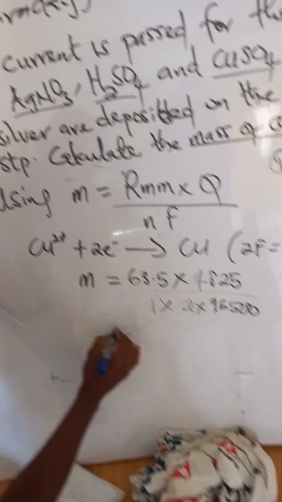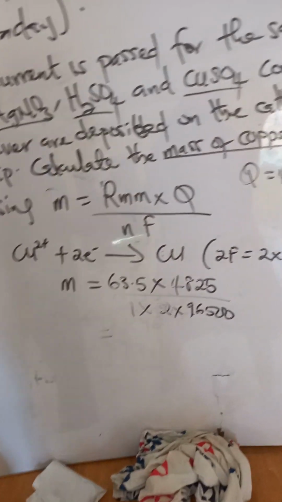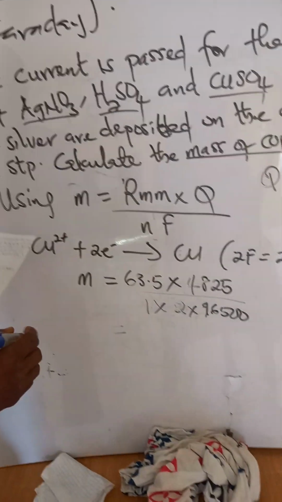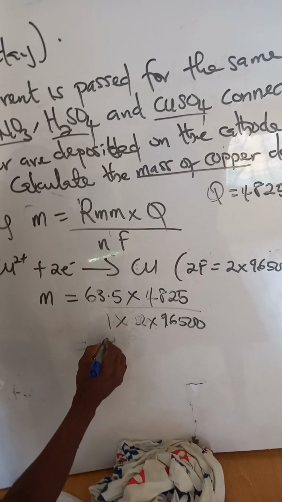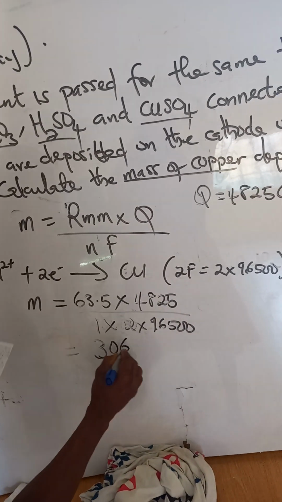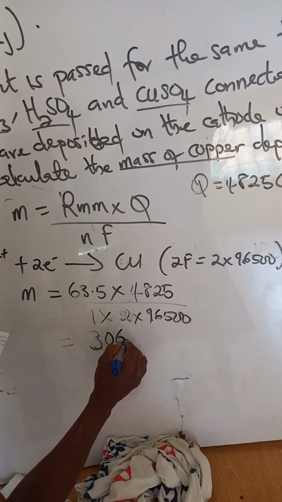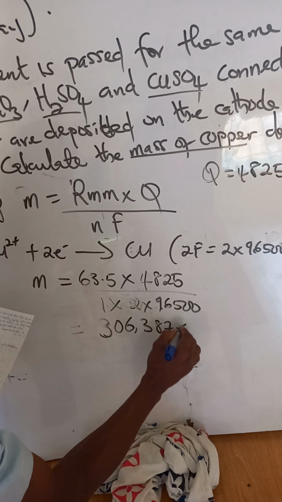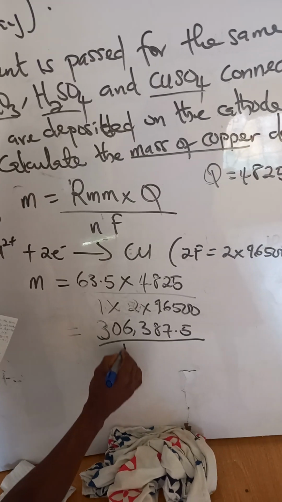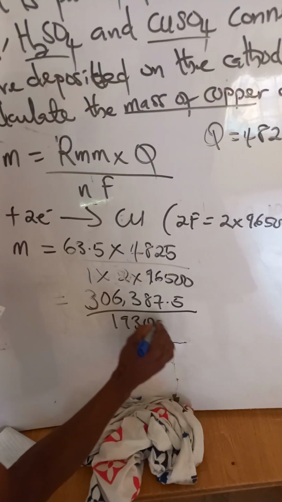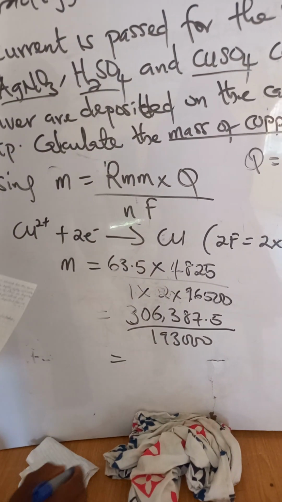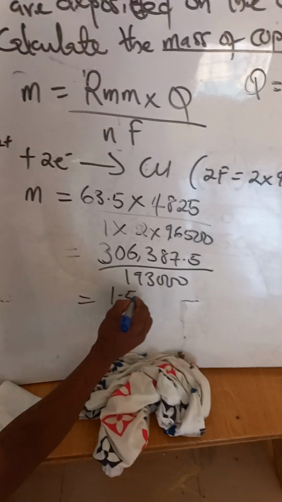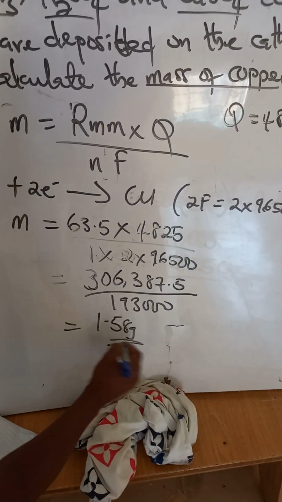If we solve that correctly, we are supposed to get 387.5 divided by 19300, which gives 1.58 grams. That is it.